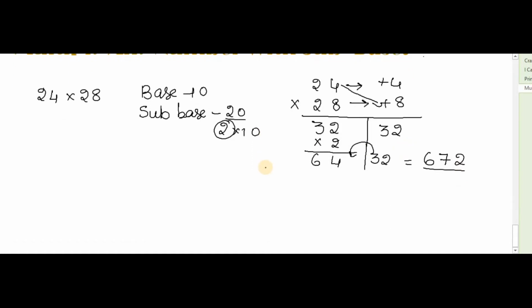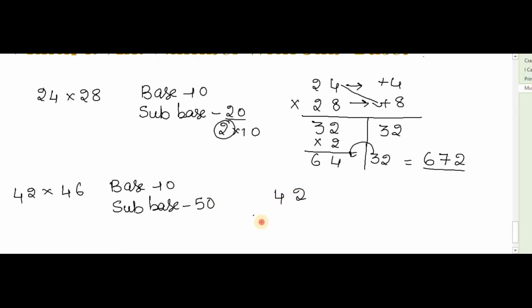You can clearly understand this with one more example. 42 multiplied by 46. I'm going to consider the base as 10, and the sub base as 50, because 46 is very near to 50. 42 multiplied by 46.